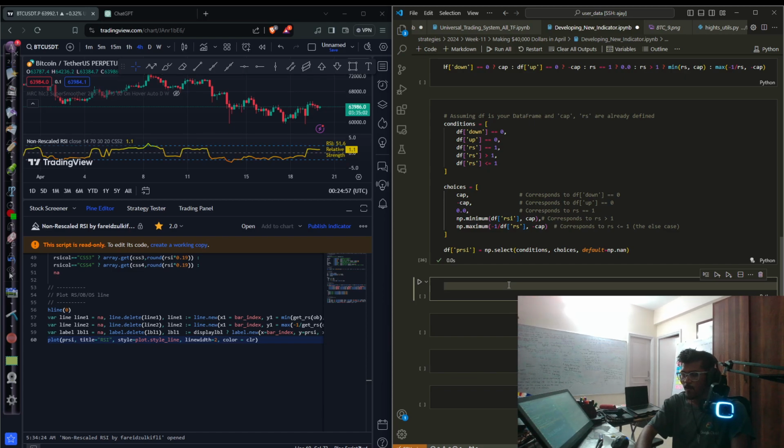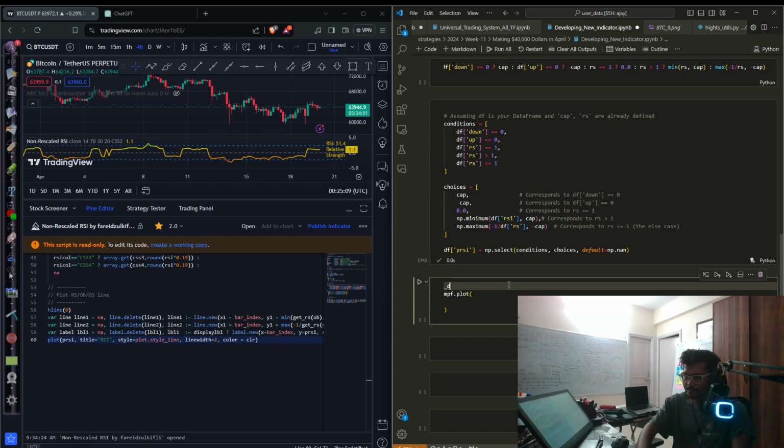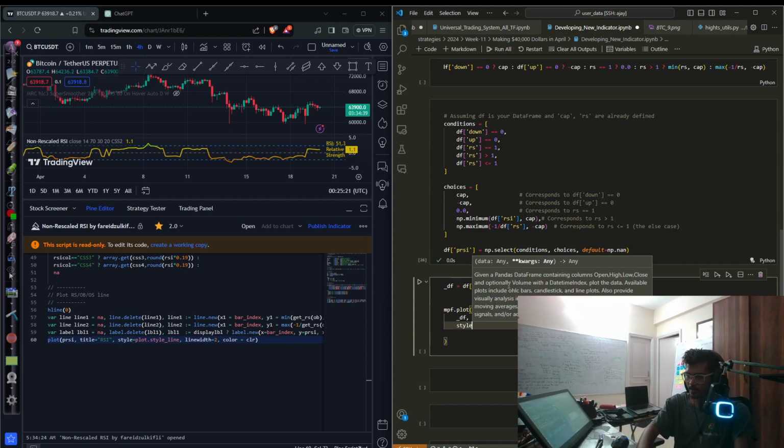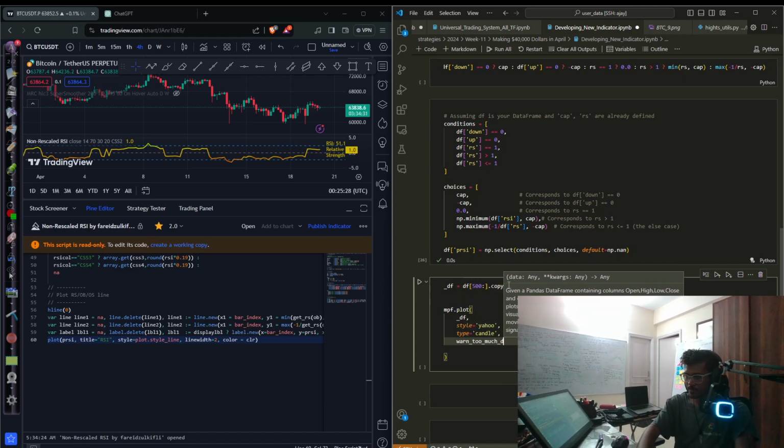All right. So we got MPL finance, right? So mpf.plot. Let's get the last 500 data. Style Yahoo, type candle, want too much data size.